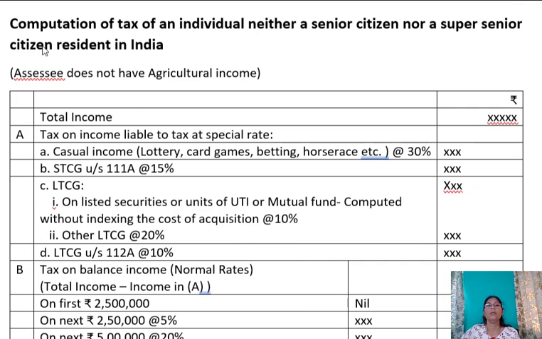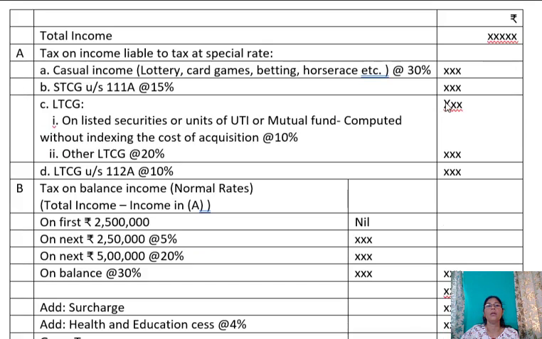This is the format of computation of tax of an individual. It is neither for senior citizen nor super senior citizen. And this is a case where assessee doesn't have agricultural income. So after computing total income, first we shall take total income, then compute the tax liability.